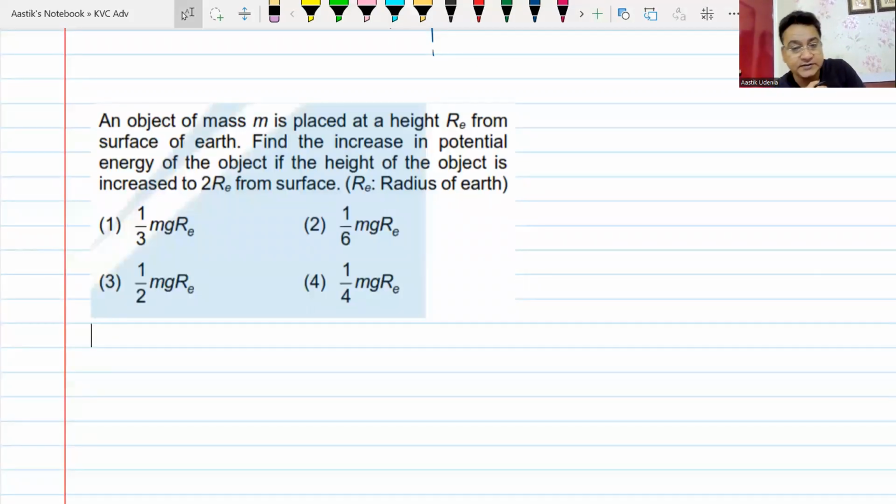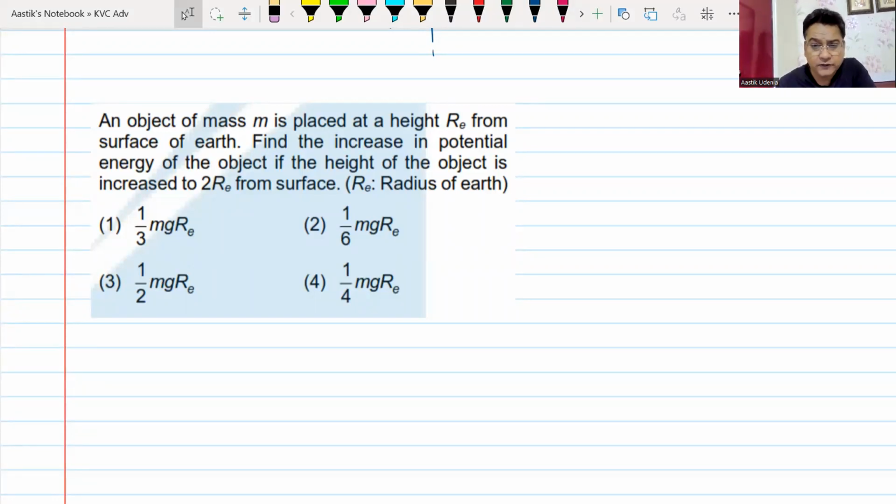A body of mass m is placed at a height r from the surface of Earth. Find the increase in potential energy if the height is increased to 2r from the surface of the Earth. So how are we supposed to do this?